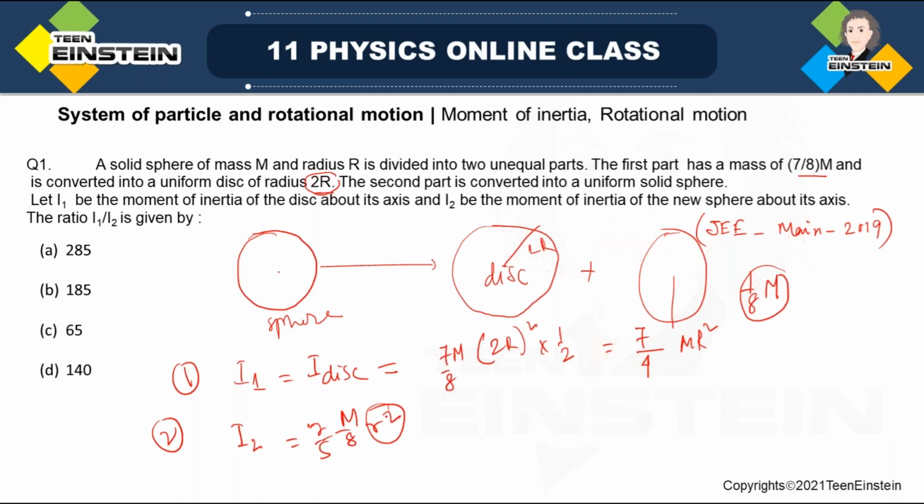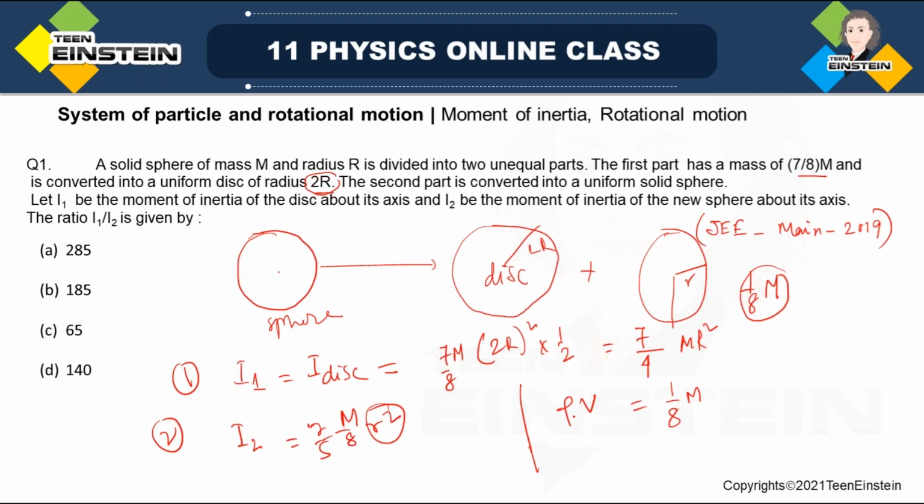Now what is the small r? How do we get this r of the sphere? To get that, we need rho V equal to 1 by 8 M, where V is the volume of the sphere and rho is the density of the mass.